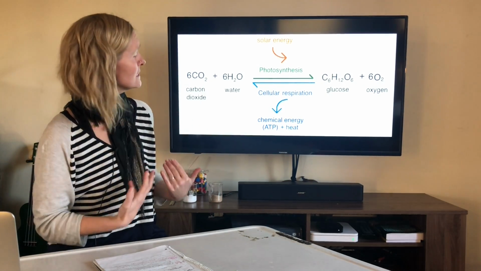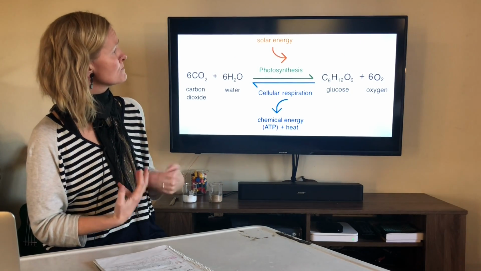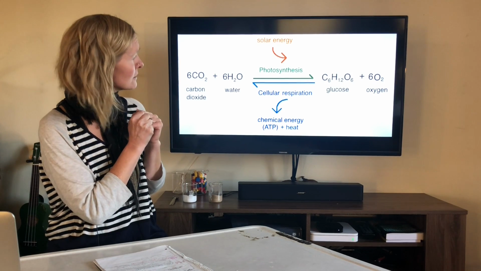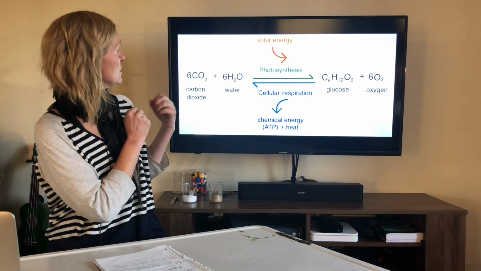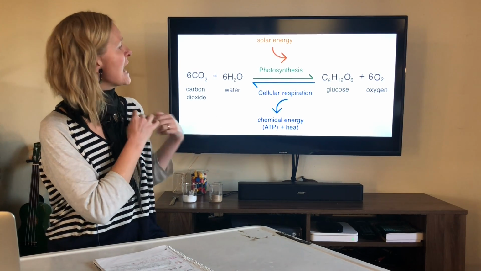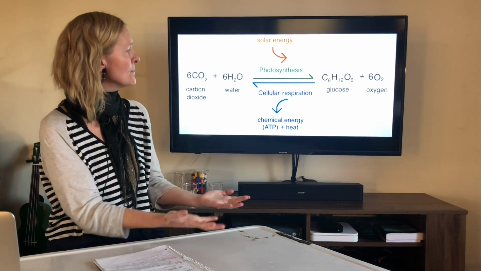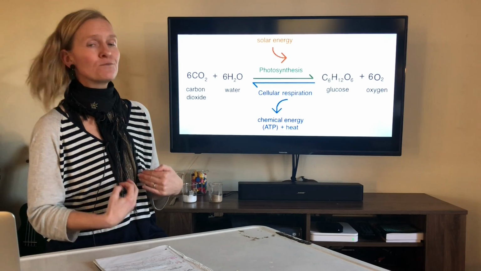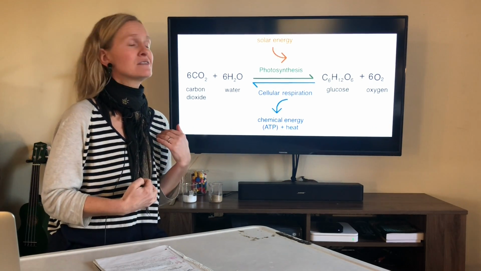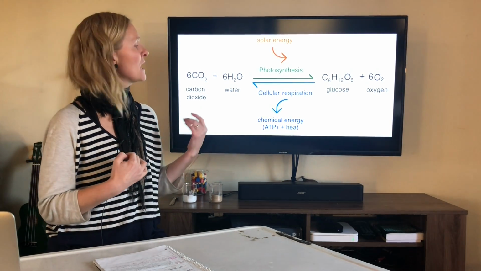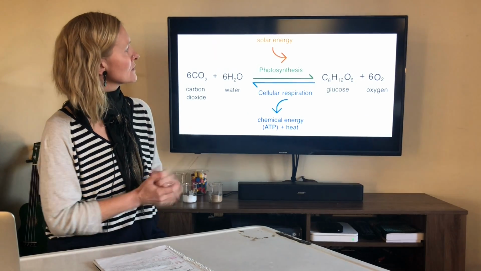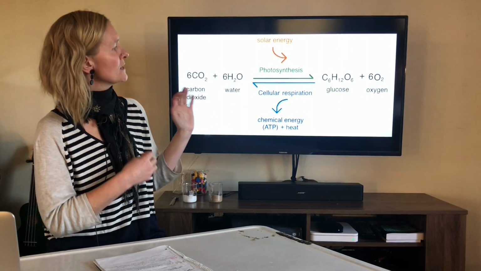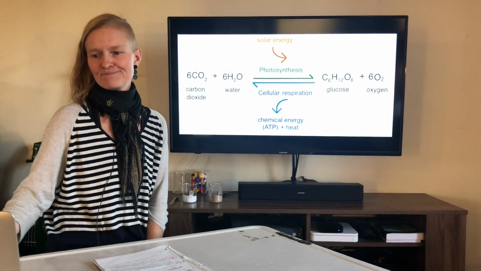So the opposite reaction is cellular respiration, where you have oxygen and glucose coming together and producing water and carbon dioxide and giving off a chemical energy, ATP, which is used in our body. It's a type of energy that our body uses in metabolism, and heat as well. So these are examples of endothermic and exothermic reactions.